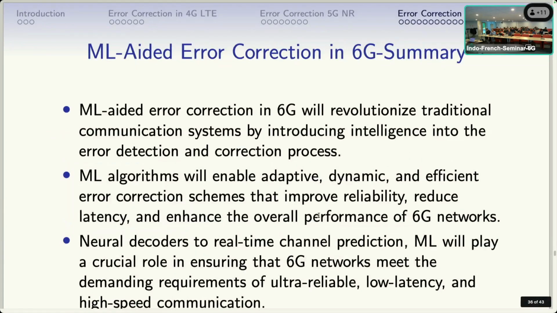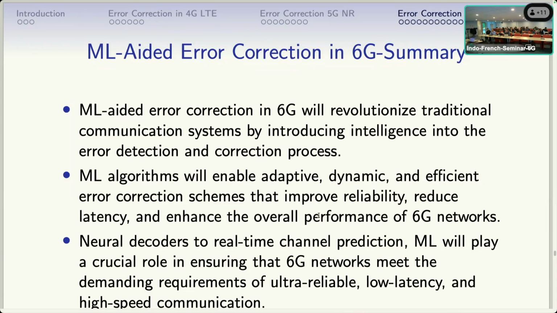This is the summary of ML-aided error correction in 6G: we try to revolutionize the traditional communication system by introducing intelligence in the error detection and correction process. The intelligence part, as far as I understand, is that they are trying to address the error pattern, because certain types of error patterns are specifically not correctable in the case of an LDPC code. So ML could be one of the ideal candidates to correct those errors.